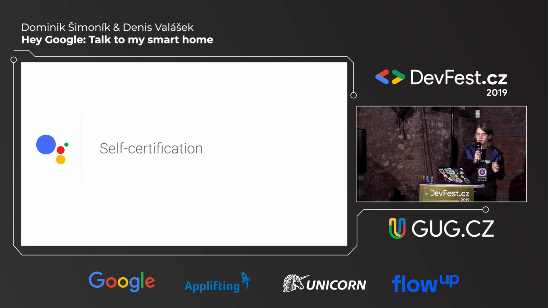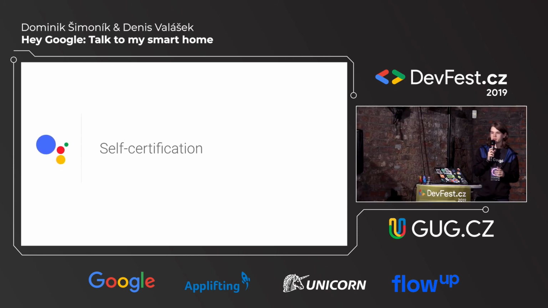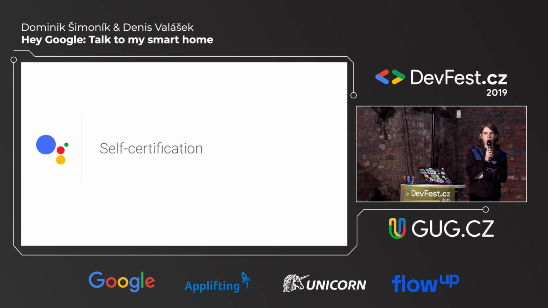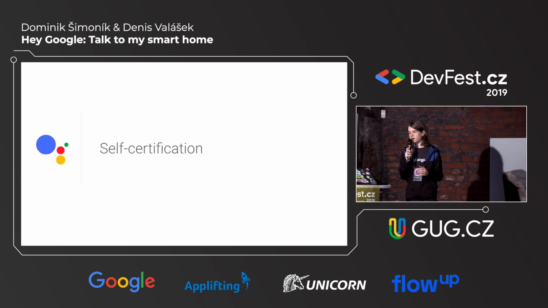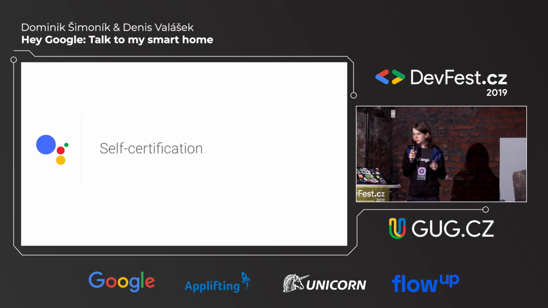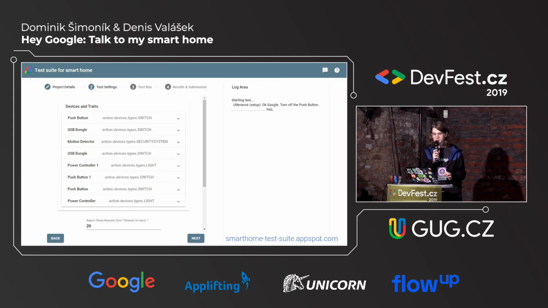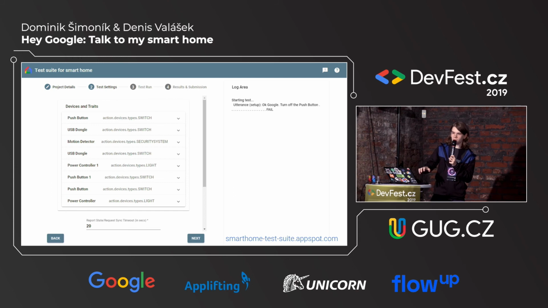This is a really cool thing about Google Assistant, because before, it was required to send your devices to Google so it could be verified that it works. Now you just run an app like this and put the Google Home in front of it, and it will read the commands and verify whether they are working or not.